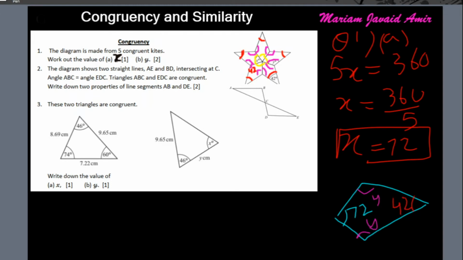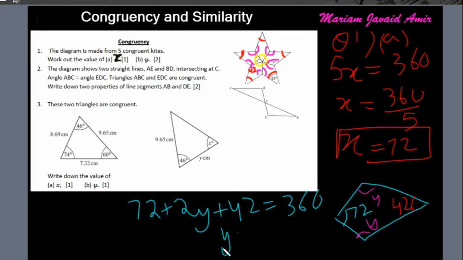Now a kite is a quadrilateral, and for a quadrilateral we know the sum of all angles equals 360. So I'll do 360 minus 42 minus 72 and divide the answer by 2. I get 123. So this is question number 1.